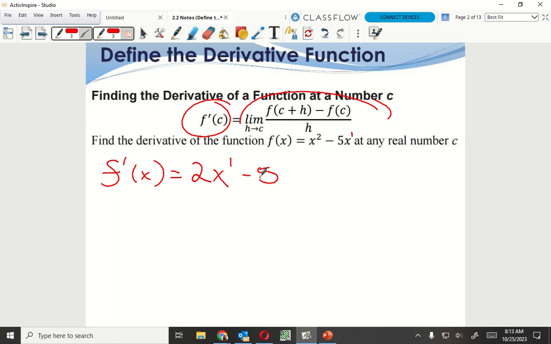So when it becomes x to the 0 power, anything to the 0 power is? 1. Okay. Anything to the 0 power is 1. So that means that it's still going to have my negative 5, right? So it's going to be negative 5 times 1, which is just negative 5 there. So that's it. Yay. That is the derivative.